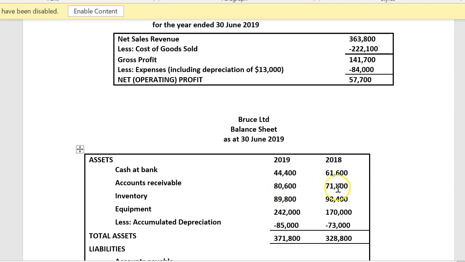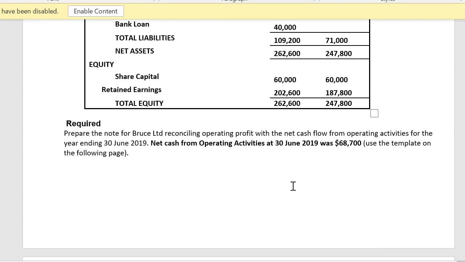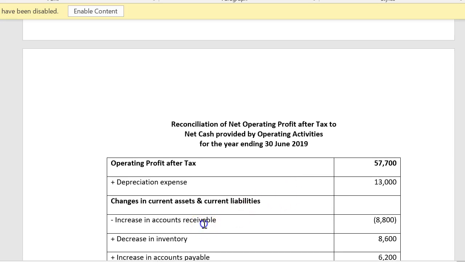Okay, so let's start from accounts receivable. As you can see, accounts receivable increased from 2018 by 8,800. Now that's a debit. Remember, it's an increase in current asset, which is a debit. You need to minus that. So increase in accounts receivable, you minus.